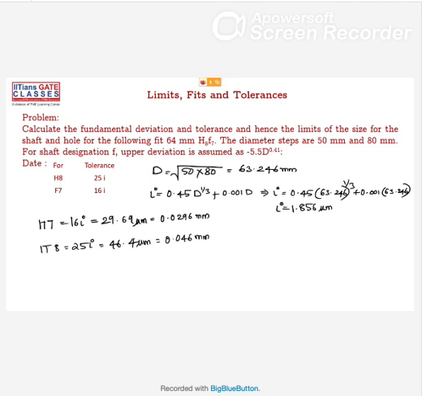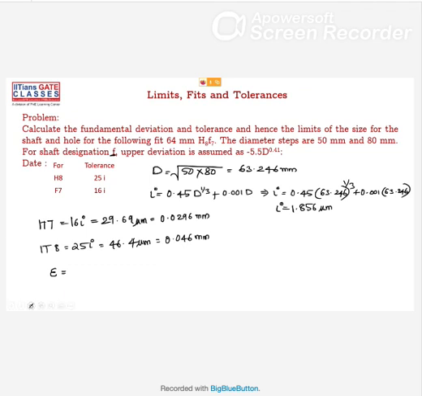And he told that the fundamental deviation or upper deviation is given as this. So the letter f in small letter means it is given for the shaft. Let me write the fundamental deviation for shaft.